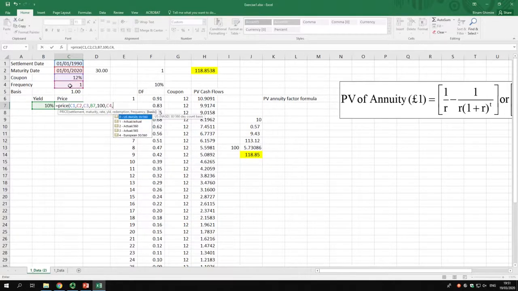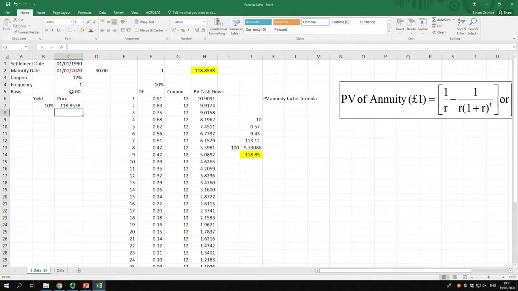Then day count convention, one is actual, so the actual number of days for every year is taken. You now get the same answer, which is 118.8538. So three different ways, but you understand the logic behind, which is important.